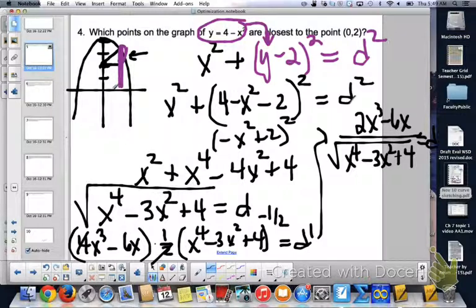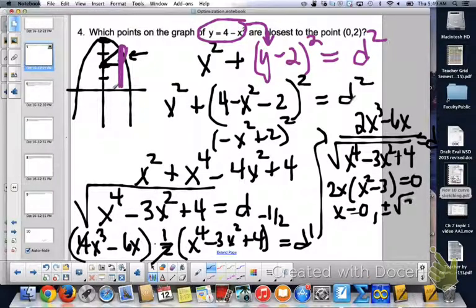All right, we can do this. So your numerator equals 0, take out a 2x, you're left with x squared minus 3. So when that equals 0, you'd have 0 or plus or minus root 3.